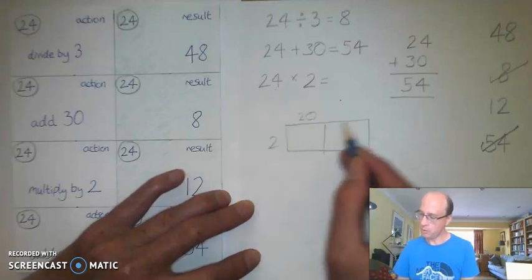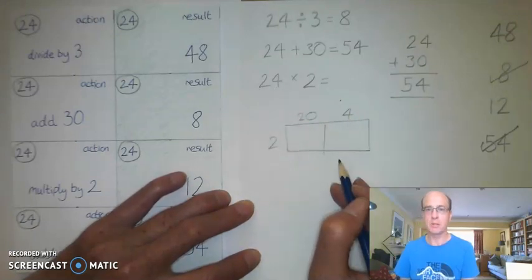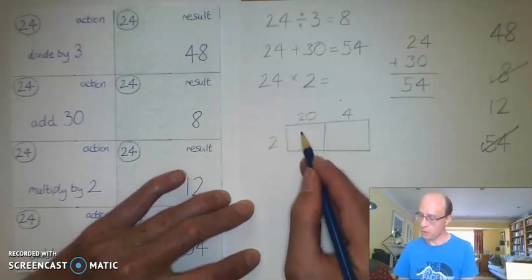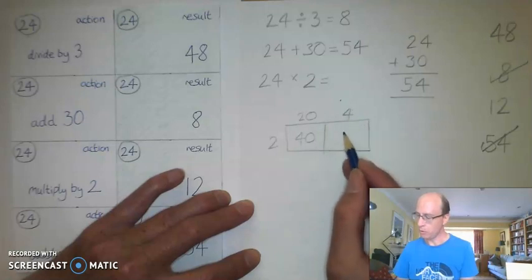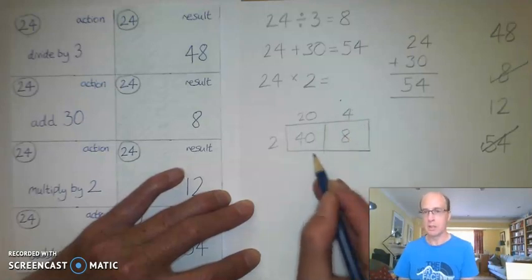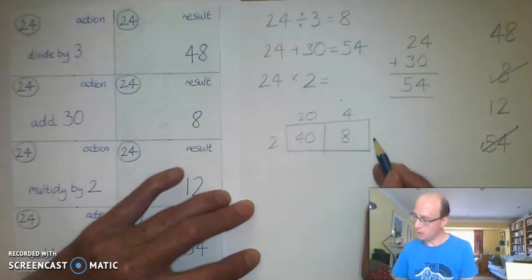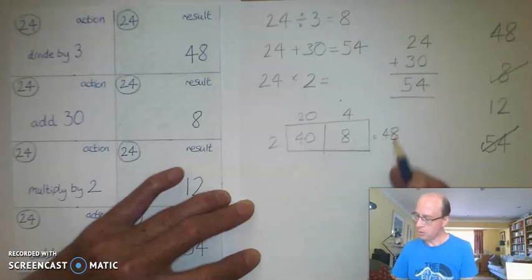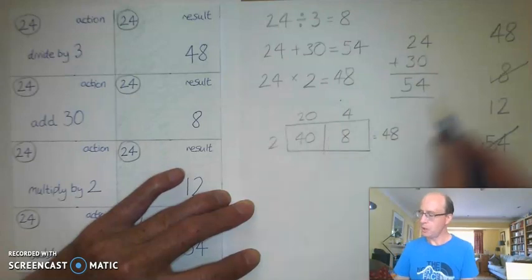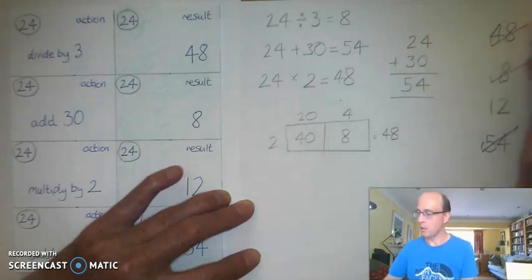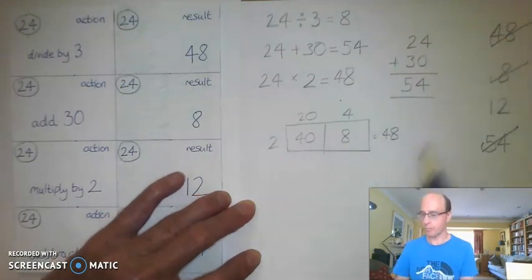And 20 for my first box, 4 for my second box. 2 lots of 20. 2 times 20 is 40. 2 times 4 is 8. Add those up. 40 plus 8 equals 48. So 24 times 2 equals 48. And it's on my list. And I can cross that off.